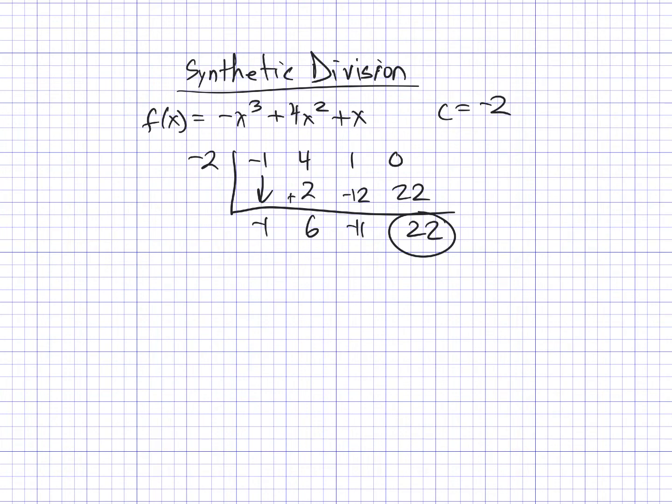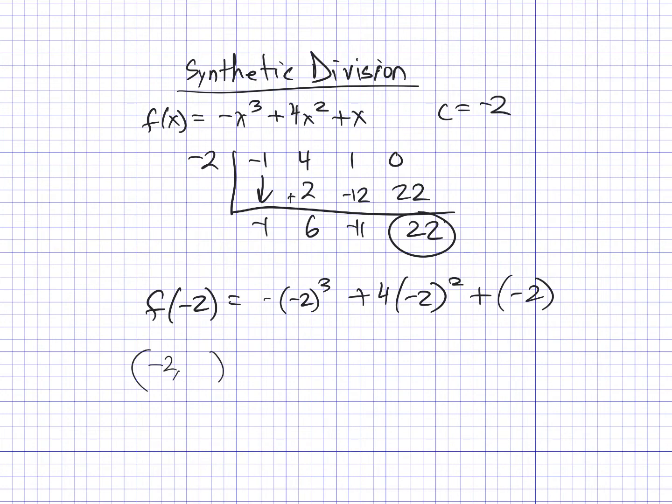Just to show you that you're doing it right, it's the same thing as saying that from problem number 1. So negative 2 cubed plus 4 times negative 2 squared plus negative 2. See what you get when you plug negative 2 in for x. All right, these are just coordinates. If it's a 0, that means y is 0, right?